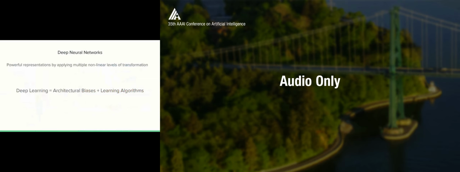So we can see briefly deep learning, let's say, like a composition of architectural biases plus learning algorithms. And when we deal with randomized deep neural networks, loosely speaking, we remove the training algorithms from this equation. And we, in a sense, see how far we can go by relying almost exclusively on the architectural biases.